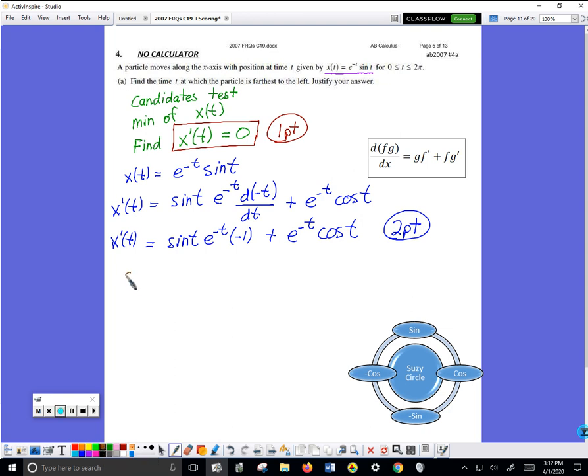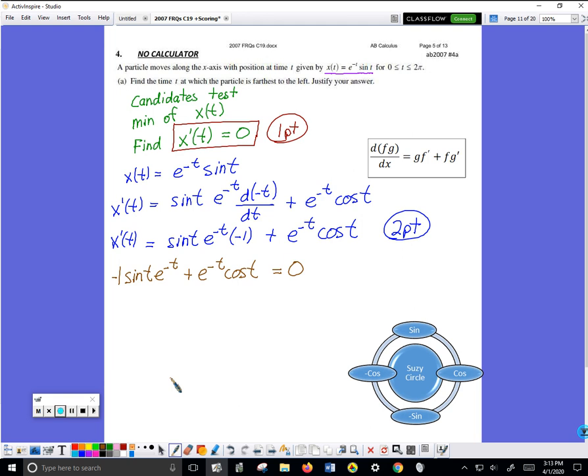So I have sine negative 1 times that needs to equal 0. Can't solve this by getting t alone, it's too complex.